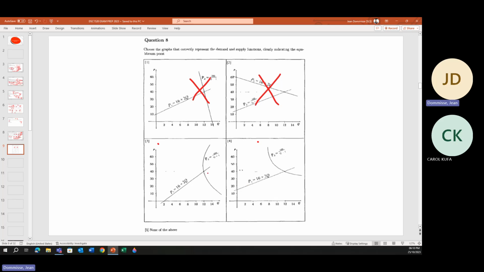Then I would have looked at this equation. We've said that the equilibrium is at 12. That might be 40. So that's also in line. 40, that's also in line.